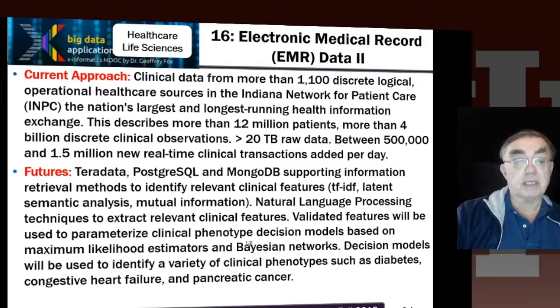In the future, they expect to use not only SQL or traditional Teradata type approaches, and Postgres, but also NoSQL, MongoDB, to be able to identify the relevant clinical features.